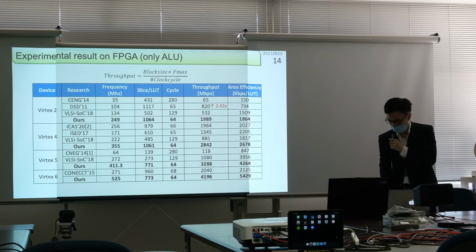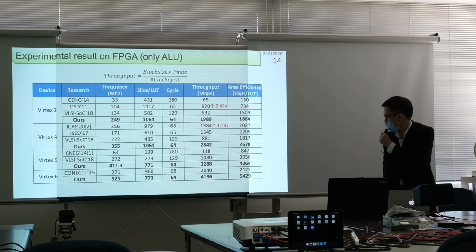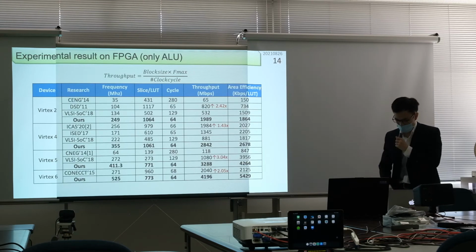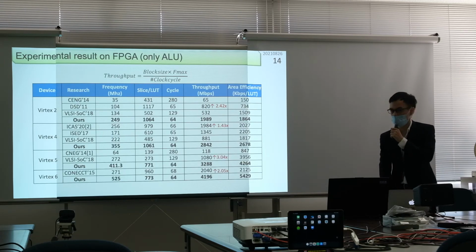And on version 2 and version 4, we also achieve more than 1.4 times, and it is the same with version 5 and version 6. Our accelerator requires large hardware resources, but in terms of the trade-off, our area efficiency still gets a good value.